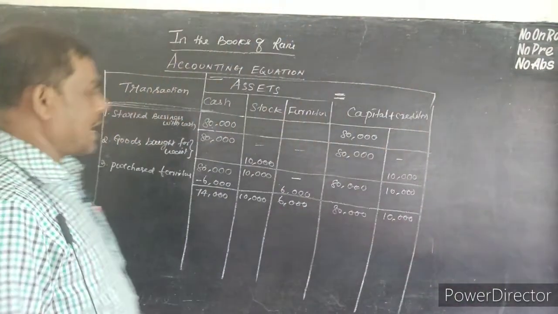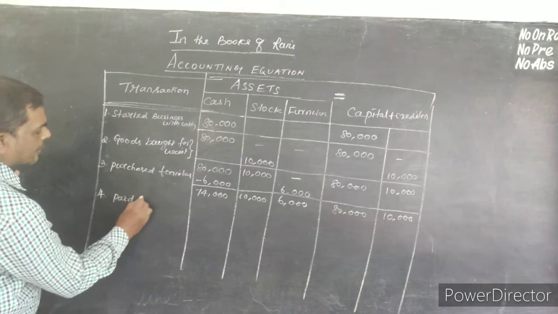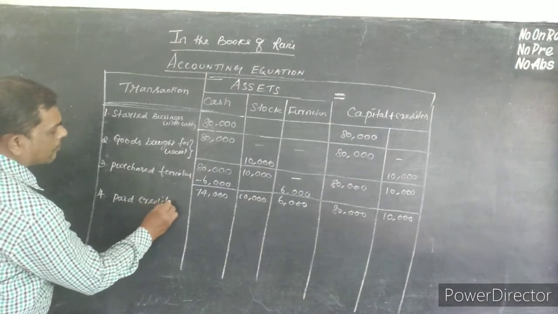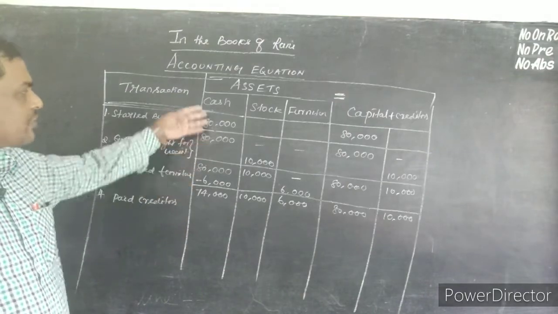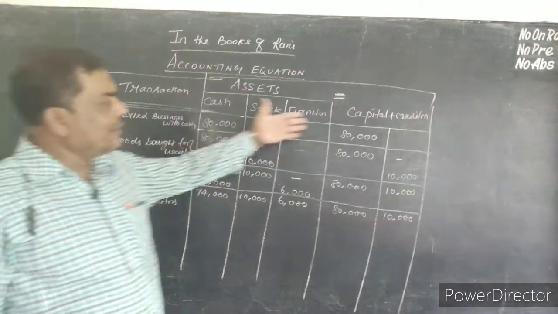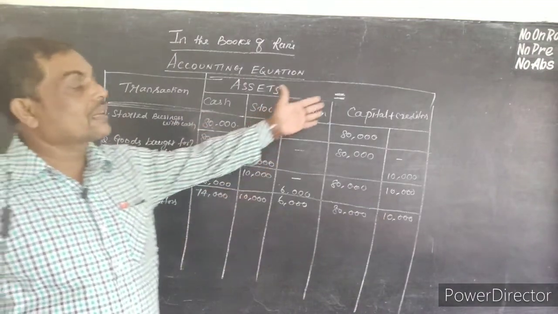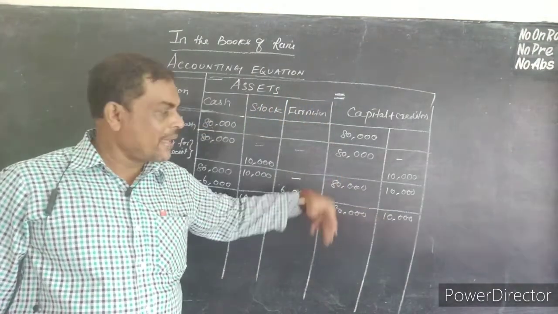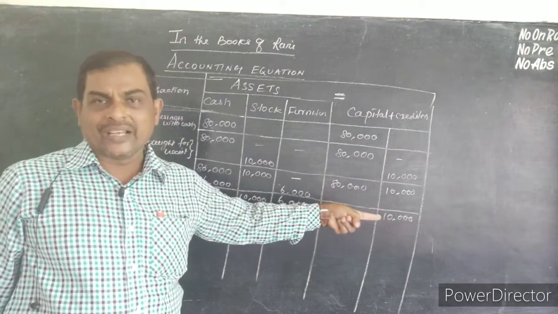The fourth one is paid creditors by cash. It means you are taking some cash from cash and paying creditors. So cash will reduce, and creditors will also reduce because you are paying creditors. Out of 10,000, you are paying 8,000 rupees.